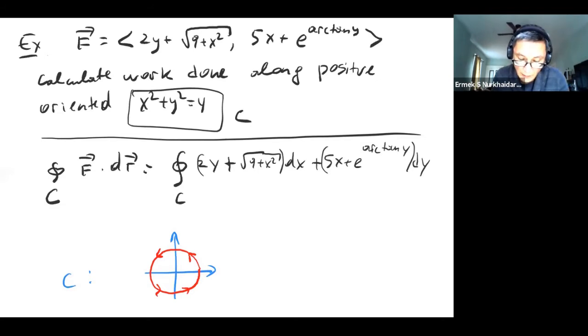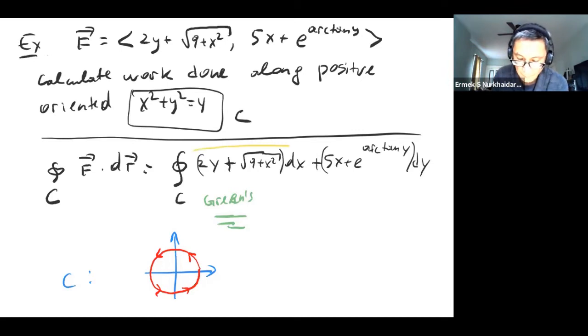Now we're going to apply Green's theorem. We definitely don't want to do this integral directly, because I look at that e raised to arctangent y and I don't want to go there. So I apply Green's.